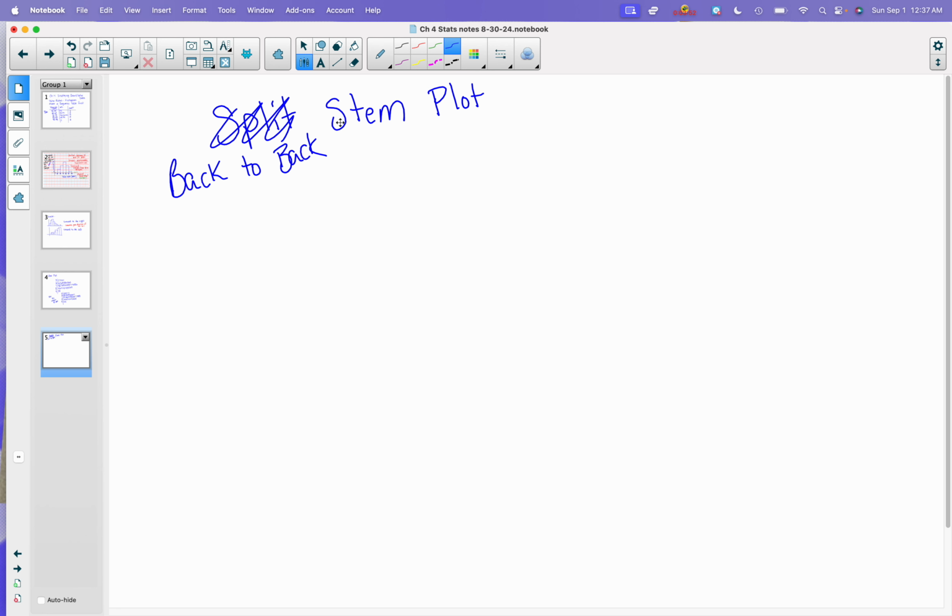We do a split stem plot, and I'll show you that later, but right now I wanted to do this one. So I'm going to take my 5, 6, 7, 8, 9, and this time I'm going to have two different directions. I'm going to have males on one side and females on the other side.